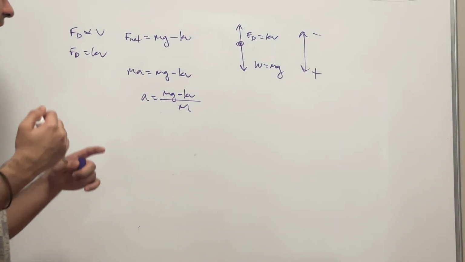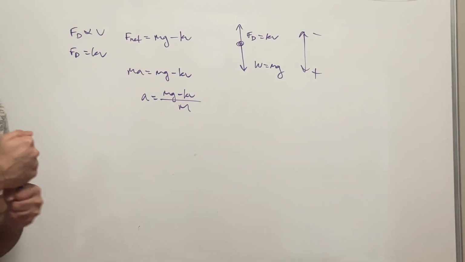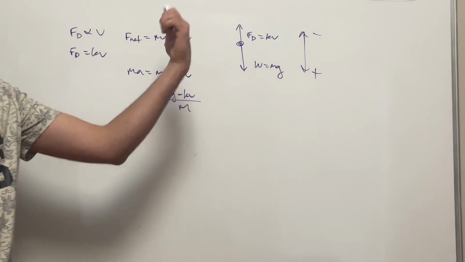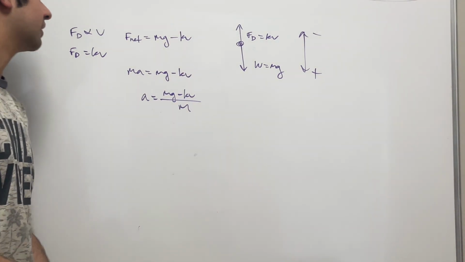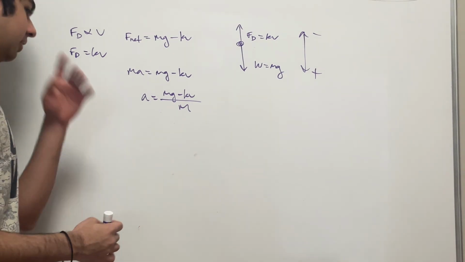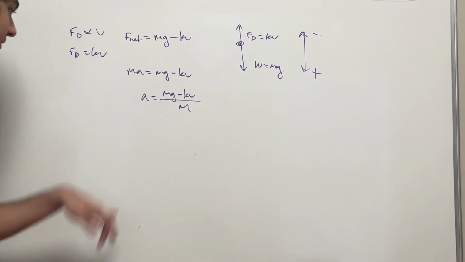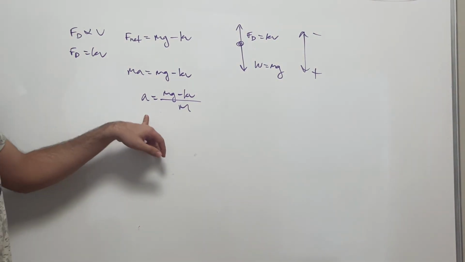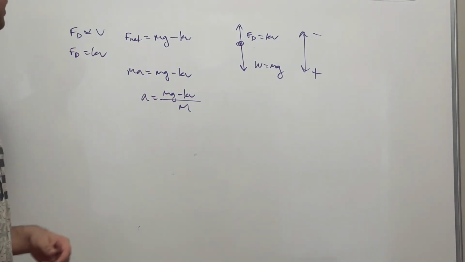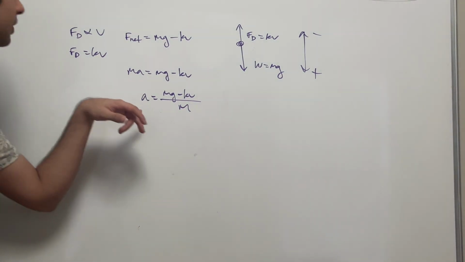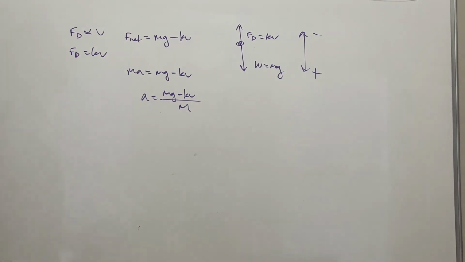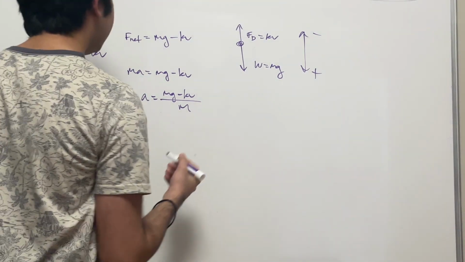But Prof initially said that we want to find velocity as a function of time. That models the velocity of the penny over time as it's falling onto an unsuspecting person on the street. We have a though, and we don't have time anywhere. We could rewrite acceleration in terms of velocity, because a is equal to dv over dt.